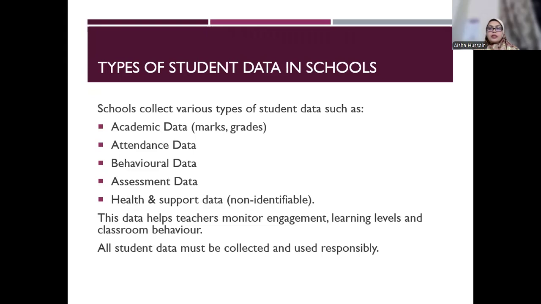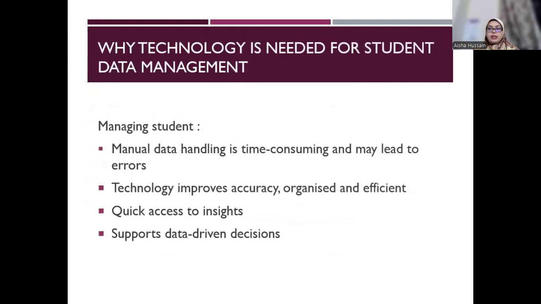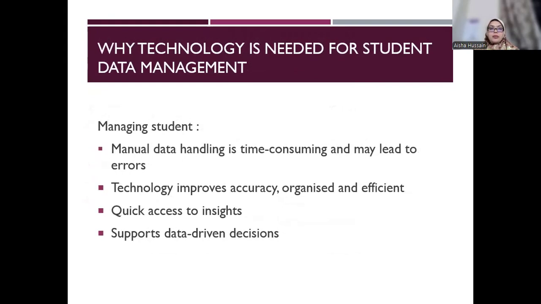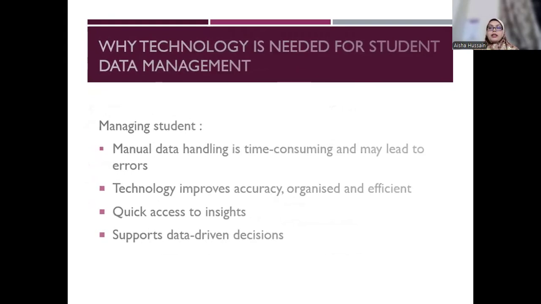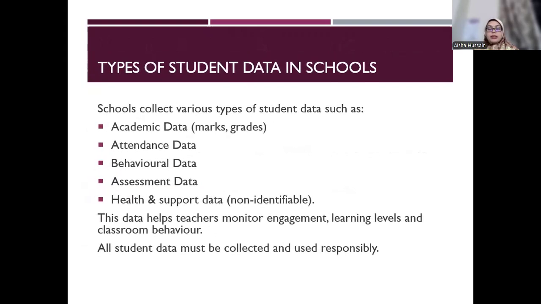Now, the schools collect different types of data, such as academic data, which includes the grades and the progress reports, and then the assessment data, which includes the formative as well as the summative assessment results. And the behavioral data includes the participation, the conduct, the classroom behavior, as well as their social skills.